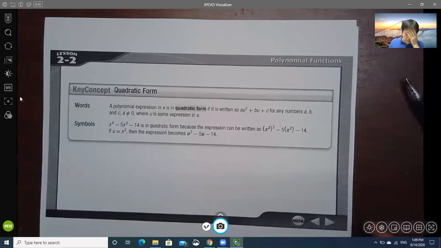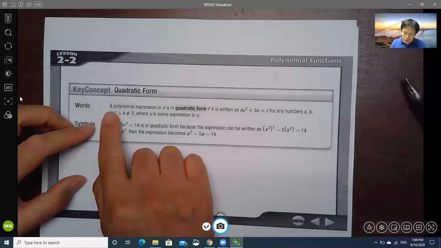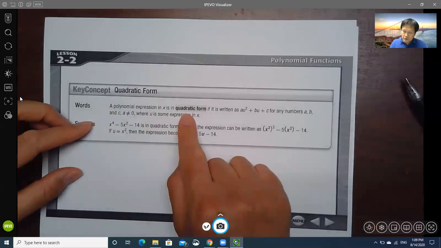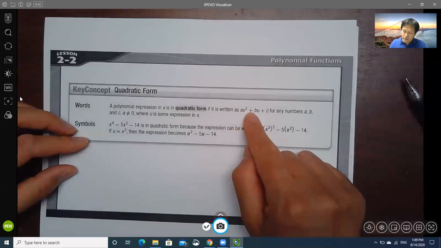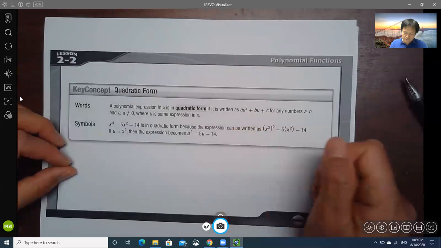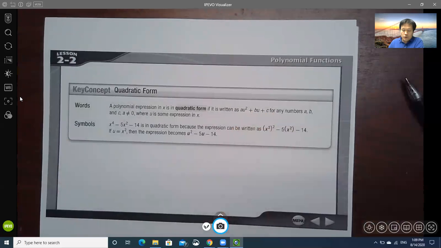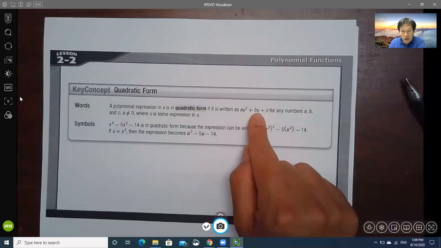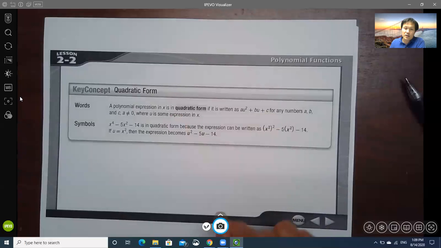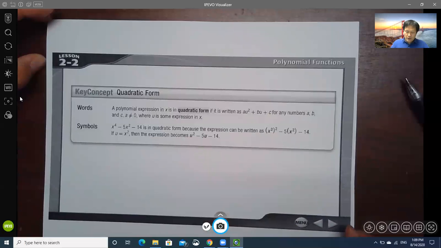Quadratic form. A polynomial expression in x is in quadratic form if it's written as au squared plus bu plus c. So if you have a square, a first power, and a constant, then we call that quadratic form. Okay, we do have an example here.